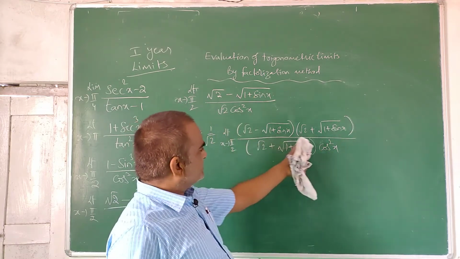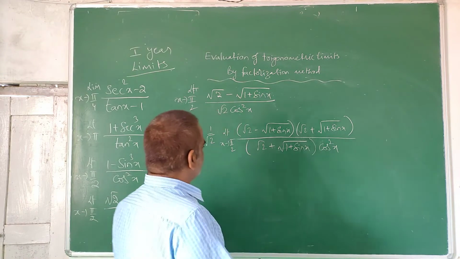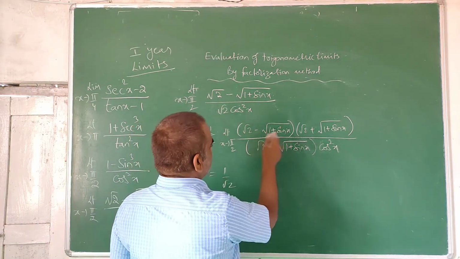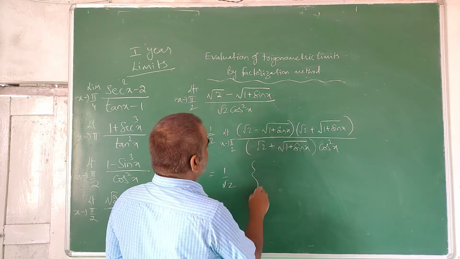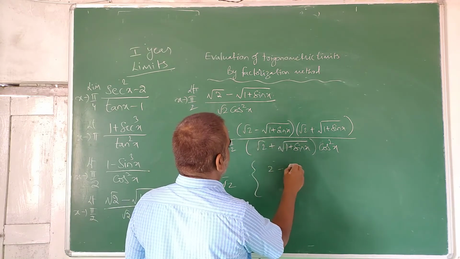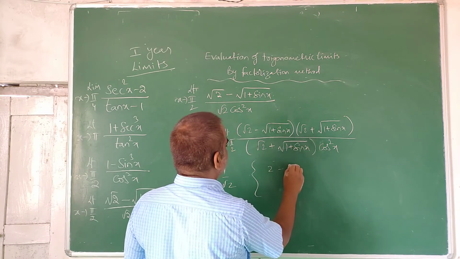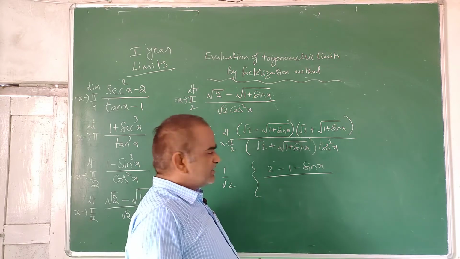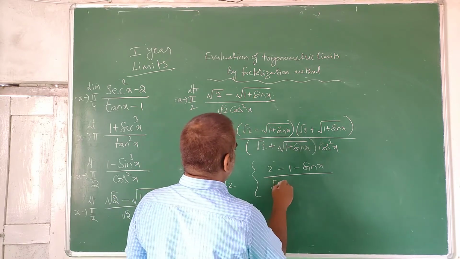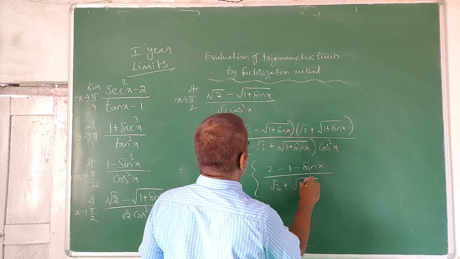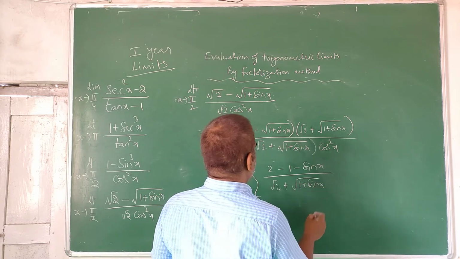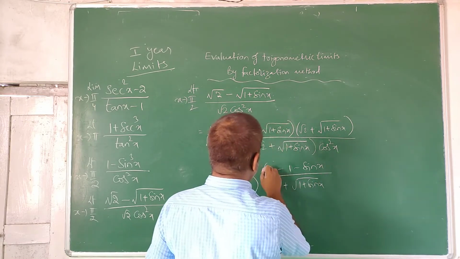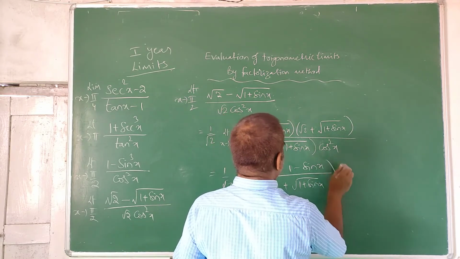Now this is a minus b into a plus b, which gives you a square minus b square. So 1 by root 2 outside, a square minus b square means you get 2 minus 1 plus sine x, so 2 minus 1 minus sine x. Are you following? Divided by root 2 into root 2 plus root 1 plus sine x, into 1 by cos square x.